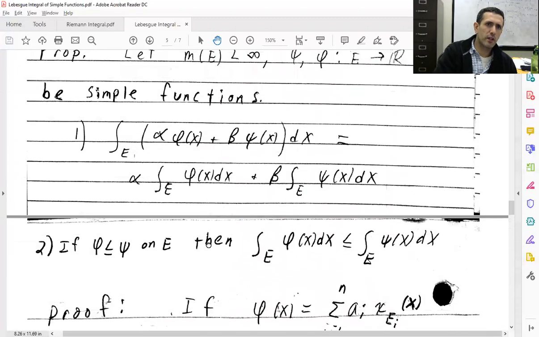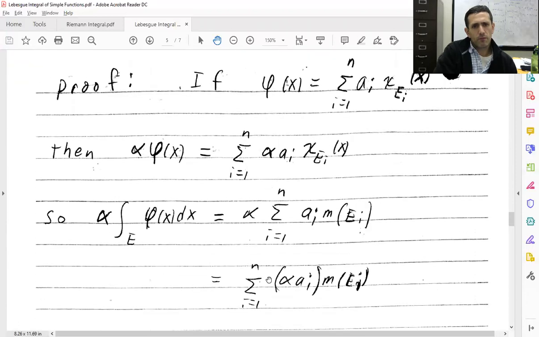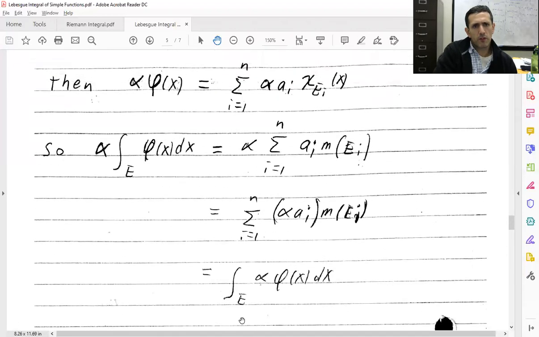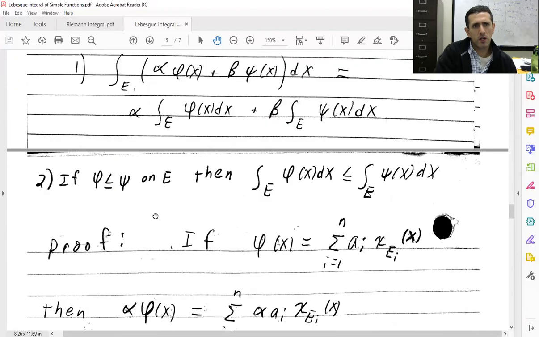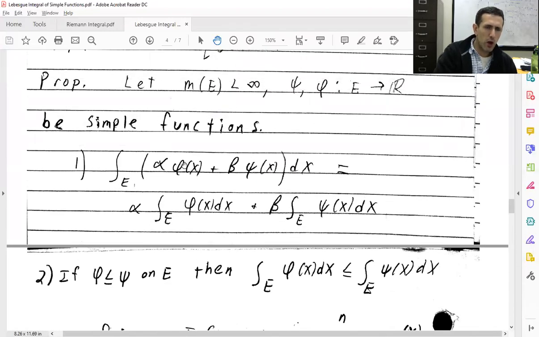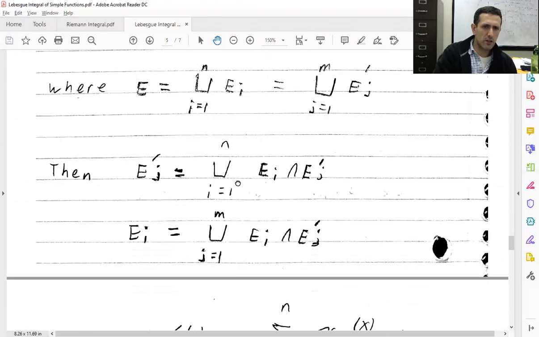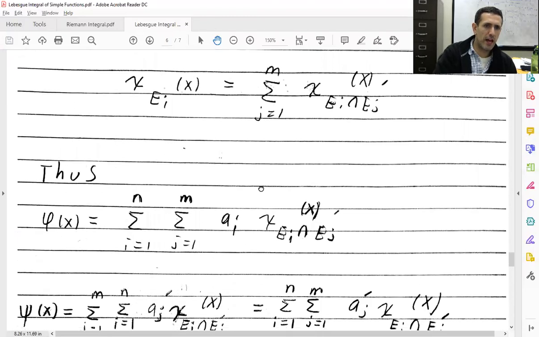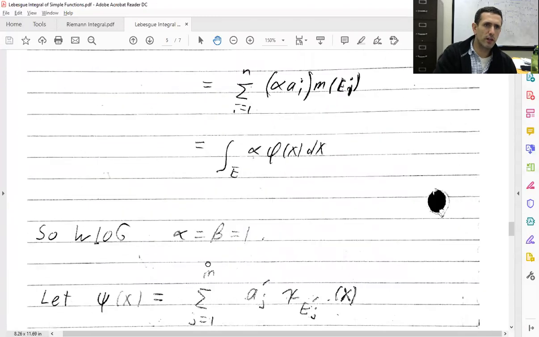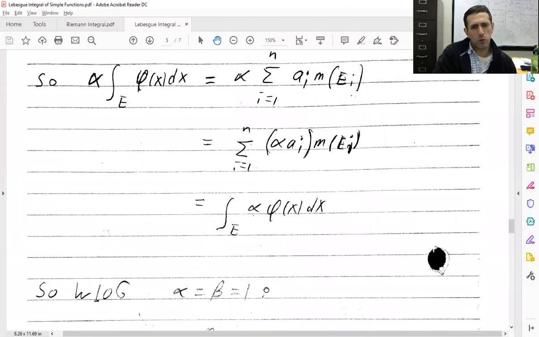If I can prove it in the case alpha and beta are 1, I can just apply this fact here that I can pull out constants to the simple function alpha phi(x) plus the simple function beta psi(x). All right, so let's assume, a little ahead of myself, let's assume alpha and beta are 1.